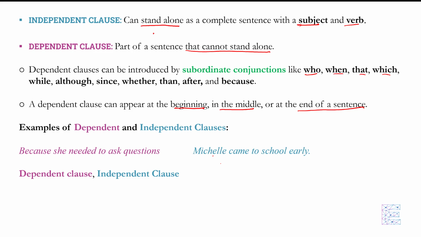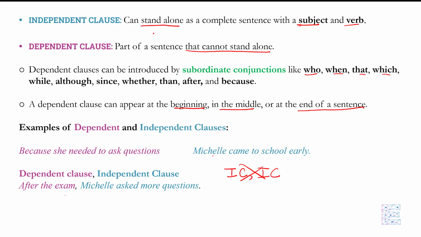Now remember, the cardinal rule that we said we are never going to break anymore is we will never put an independent clause, a comma, and then an independent clause. That is a comma splice. However, as you can see, it's okay to have a dependent clause, a comma, and an independent clause right after that. So let's read an example of this.